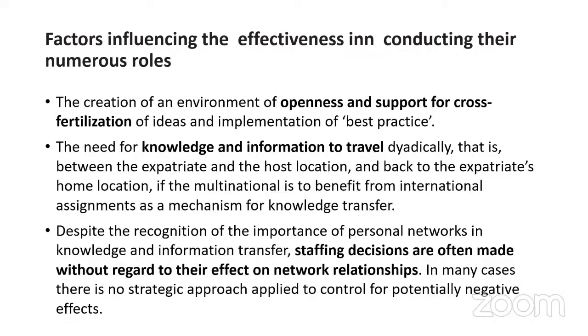The third thing that we talk about is that despite the recognition and importance of personal network in knowledge and information sharing, staffing decisions are often made without regard to their effect on network relationships. In many cases, there is no strategic approach applied to control for potentially negative effects.